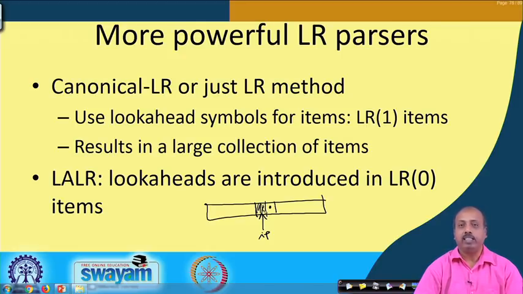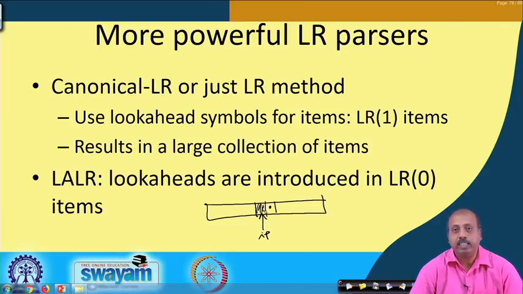If we do that, then many of these conflicts, shift reduce or reduce reduce conflicts, may get resolved, as we are doing a look ahead. But the difficulty is that it will result in a large collection of items, so the complexity of the parser will be very high. There is another variant known as the LALR parser, where look aheads are introduced in the LR0 items.